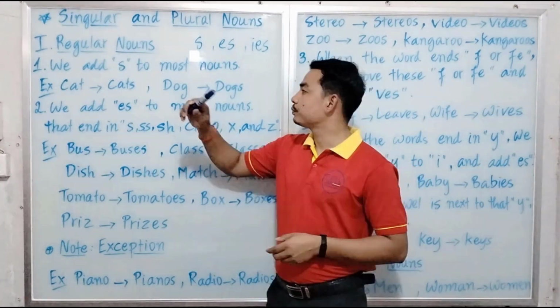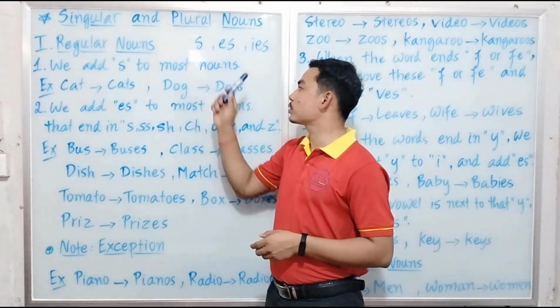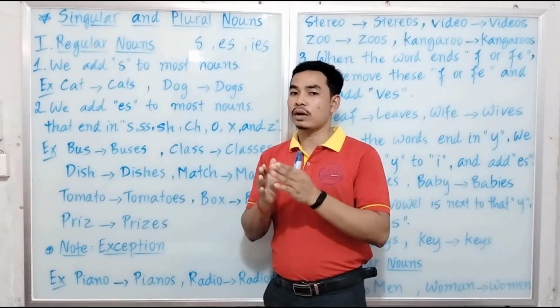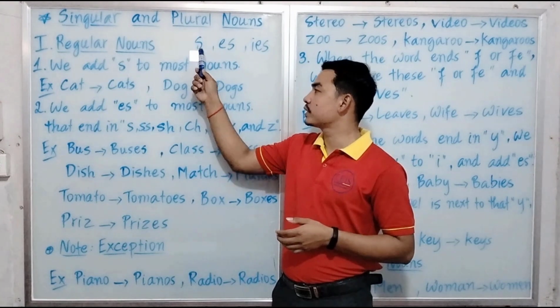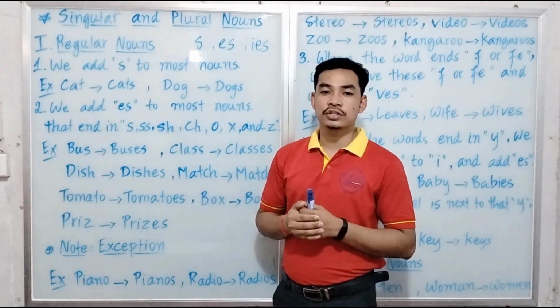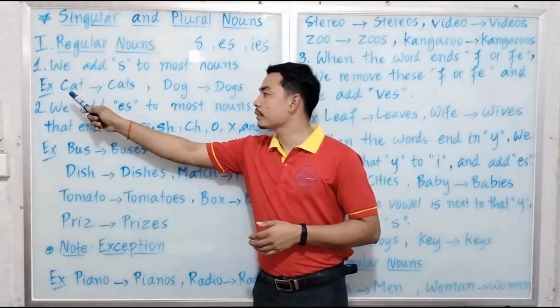The first one, we add S to most nouns. It means that every noun, general nouns that we can count, we need to add S. So the sound of S here is Z. Alright, so look at the example.